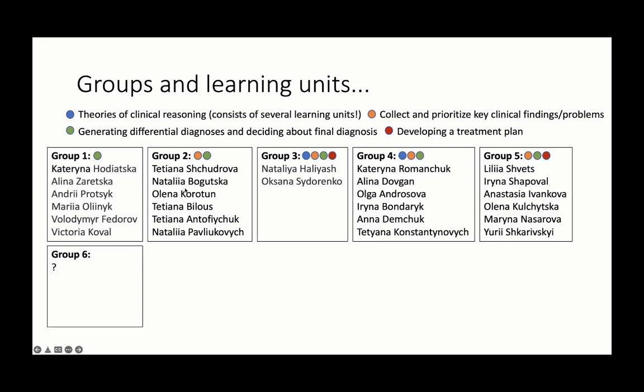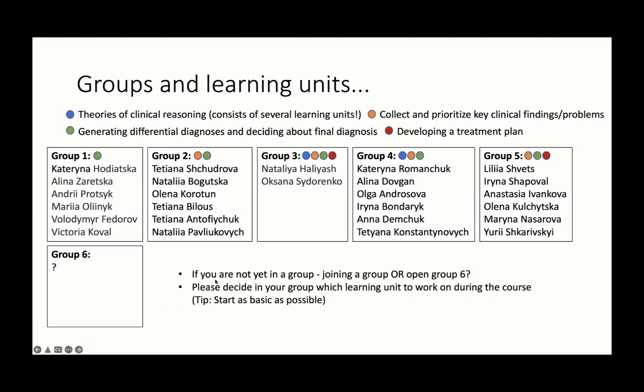And we have also a couple of people who wanted to participate in the Train the Trainer course, but are not yet assigned to a group. So what would be great to do is, if you are not yet in a group, you can think about whether you want to join a group, depending on what learning unit you want to work on, what is interesting for you, or what you want to implement in the curriculum.